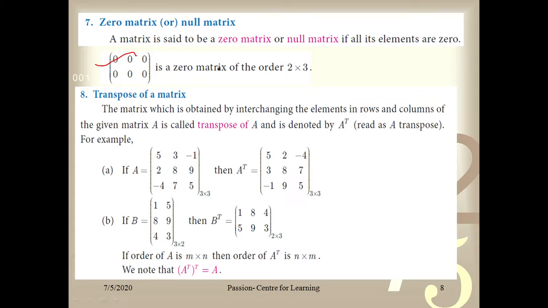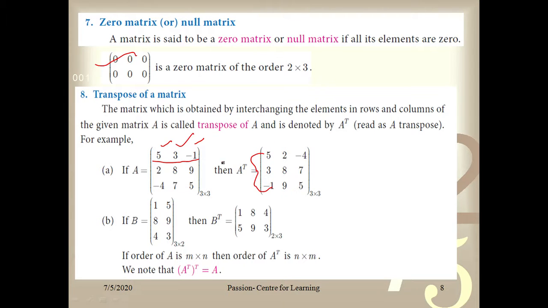Next is very important because this is very essential in solving problems: the transpose of a matrix. Transpose means interchanging the elements in rows and columns. You can see here 5, 3, minus 1. Here this is a row. If it is transposed, it is changed into a column.